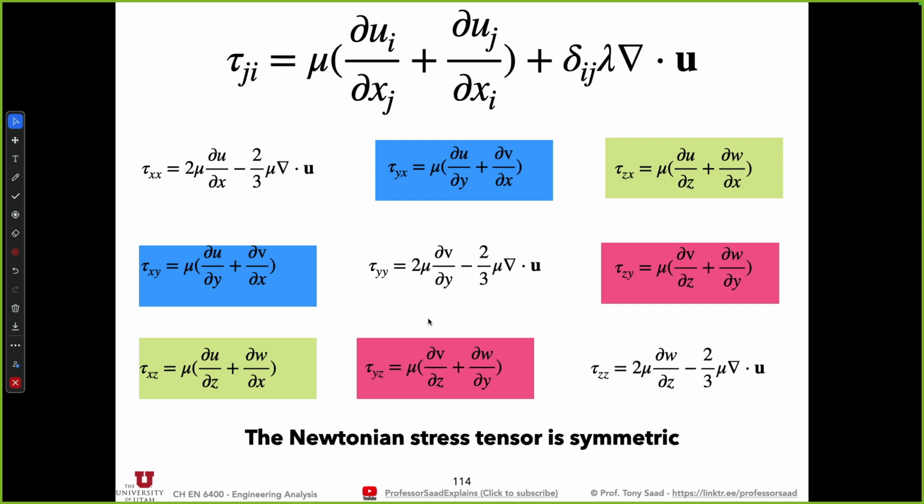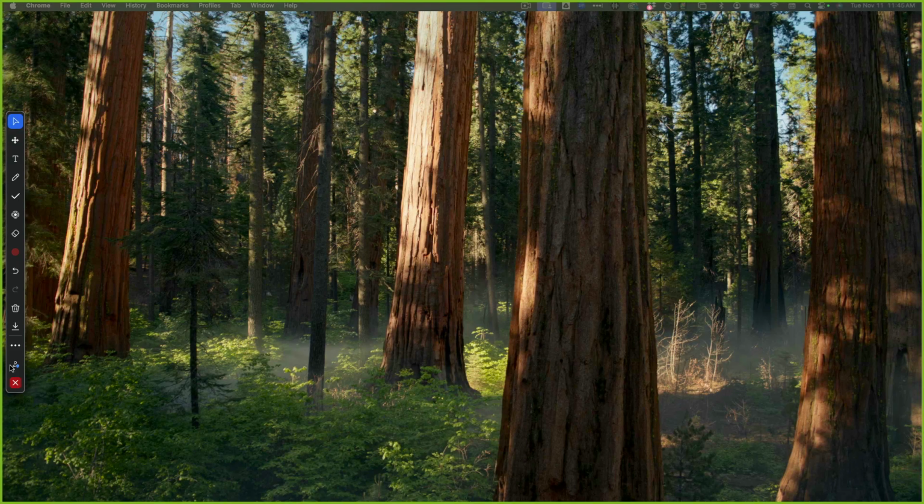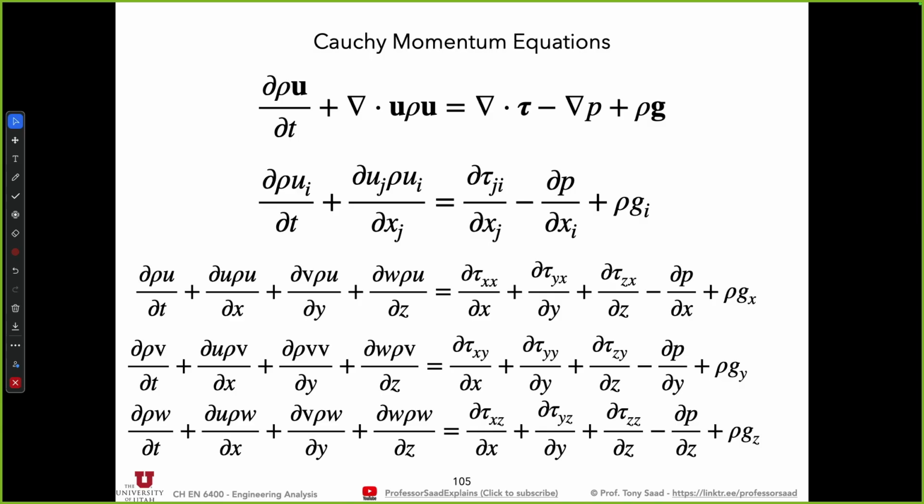Now that you have this, you can take this and plug these in the Cauchy equations. So if you remember all the way back in the Cauchy momentum equations, we had here tau xx, tau yx, tau zx. You simply take those terms and plug them back in here, okay? And then you'll get the equations for a Newtonian fluid.